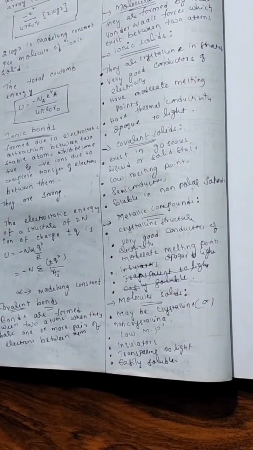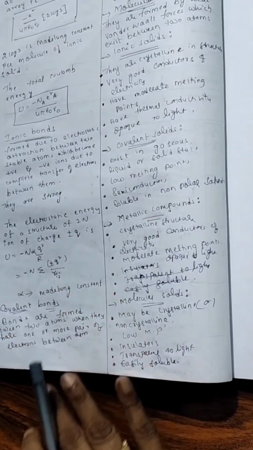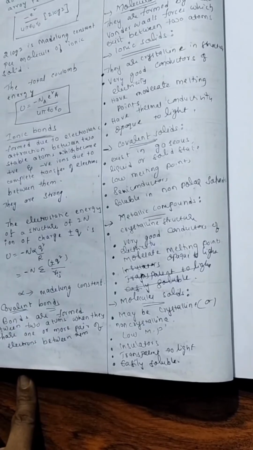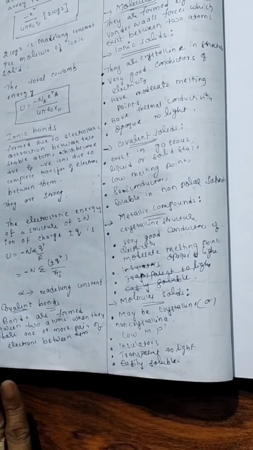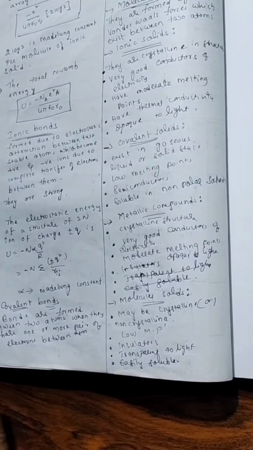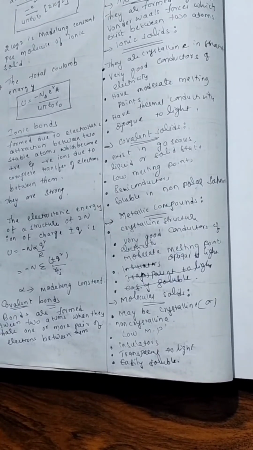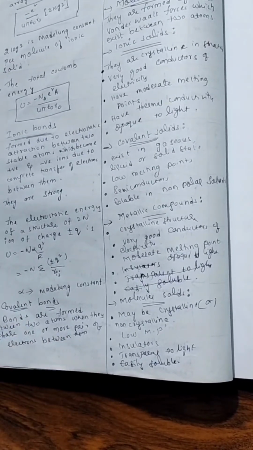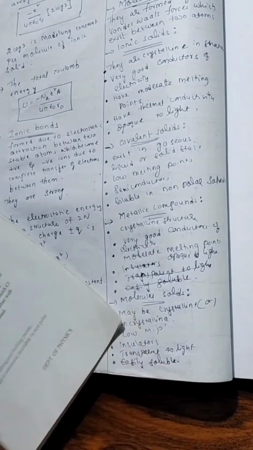And now let us move to the bondings. Types of bonds: we know that there are 4 types of bonds. The same thing I wrote here.